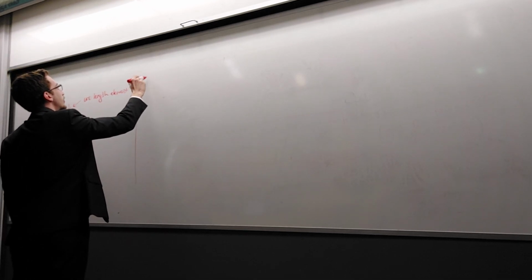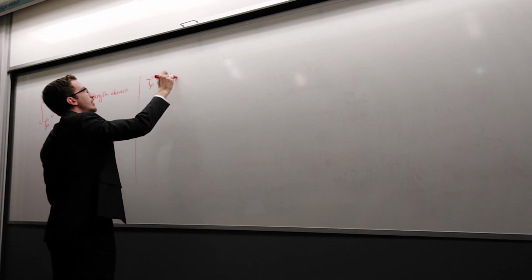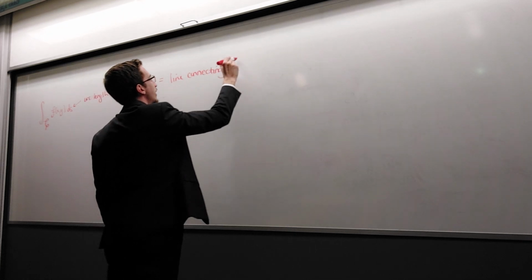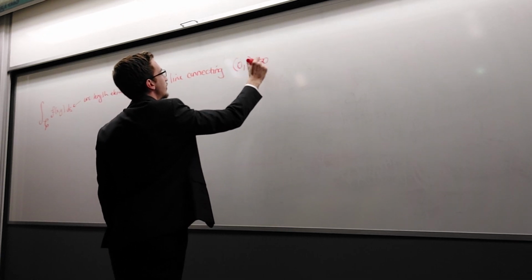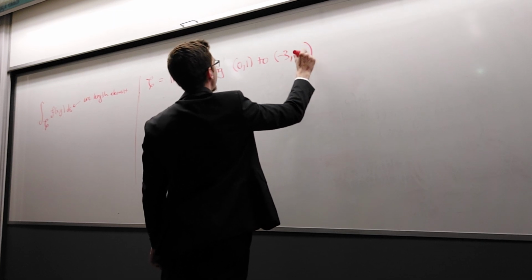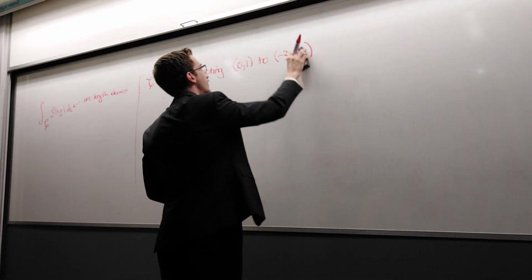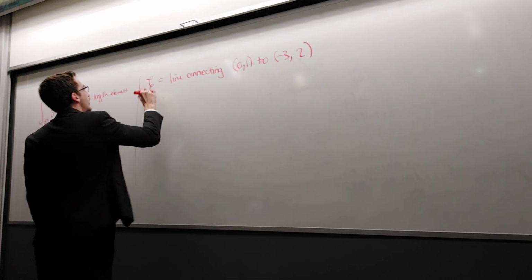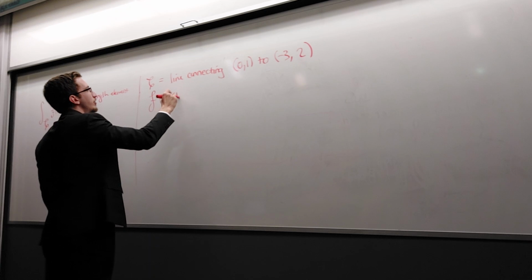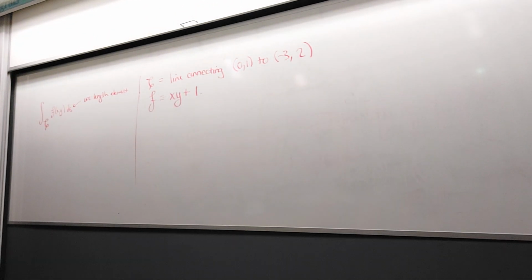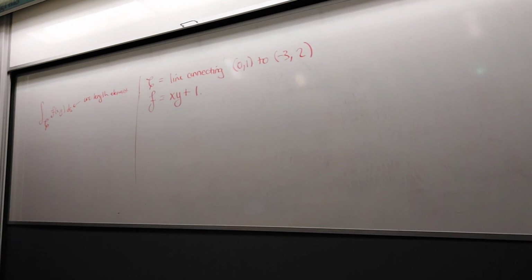Let's suppose I want to take C to be the line connecting maybe (0, 1) to (-3, 2). Take f to be x, y plus 1. Just keep it nice and simple.